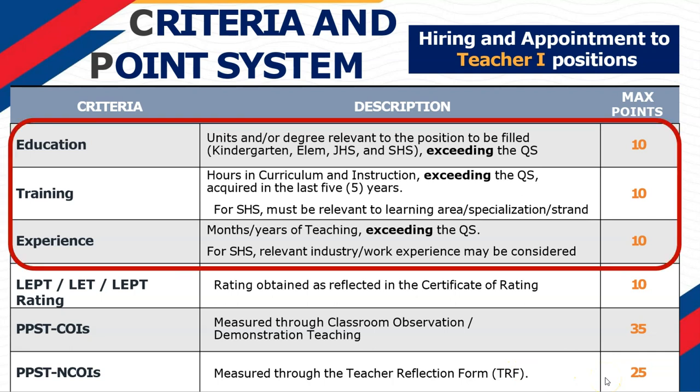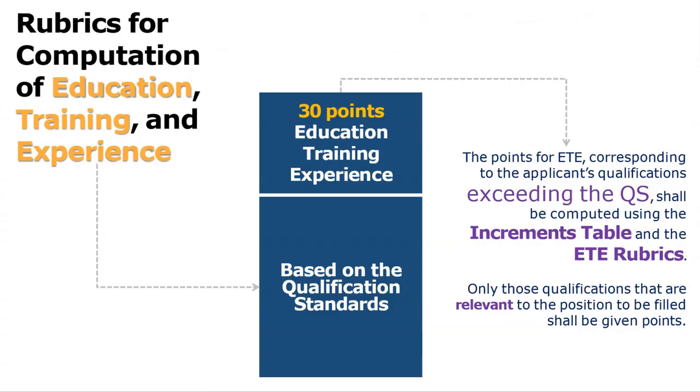Let us go to the first three criteria: education, training, and experience. 30 points would go for ETE, or for education, training, and experience, and should exceed the qualification standard as presented earlier. Only those qualifications that are relevant to the position to be filled shall be given points.